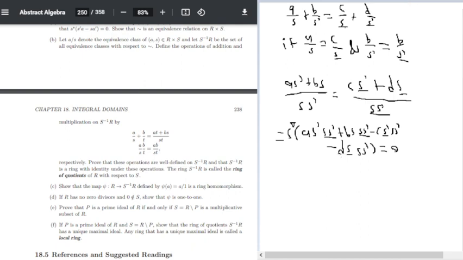So we know there's some S1 such that S1 A S bar minus CS is equal to 0. And we know there's some S2 such that S2 B S prime bar minus D S prime is equal to 0.